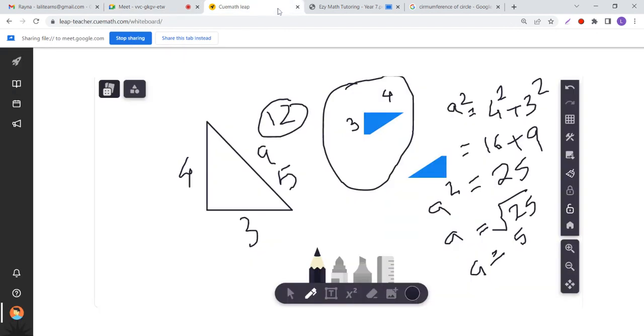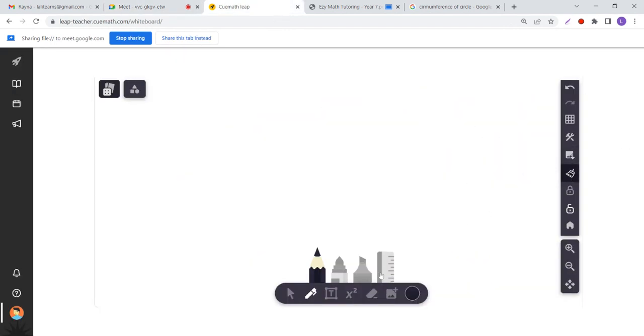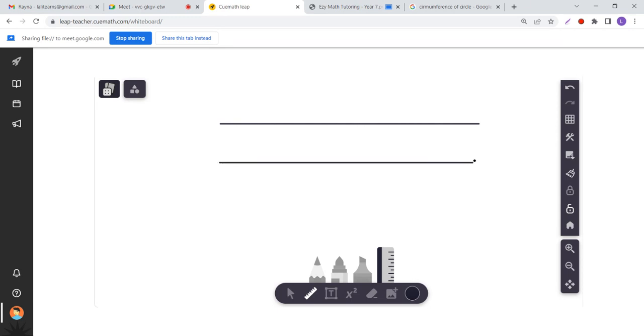Let's see. 1,000. You're confused with this? See, just keep this format in mind for conversion of units. It works for any unit.